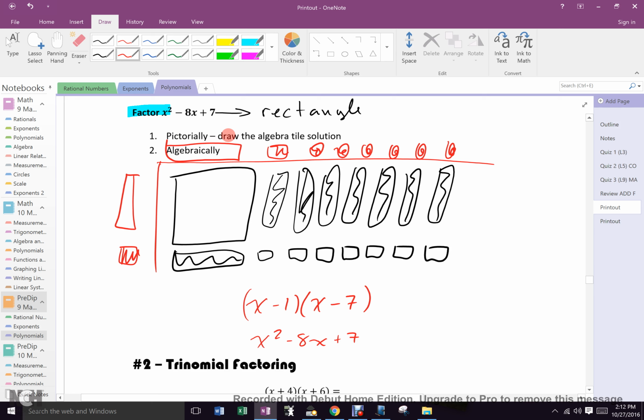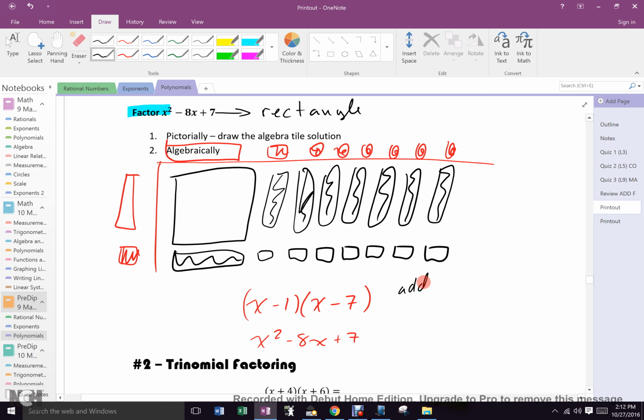Now, what's the other thing I said that factoring is? It's also the reverse of expansion, yes? Okay. So if I expand this properly, I'm multiplying, right? So reversing it would be divide, right? But I gave you a shortcut to get there, yes? That shortcut was what? What was the shortcut?